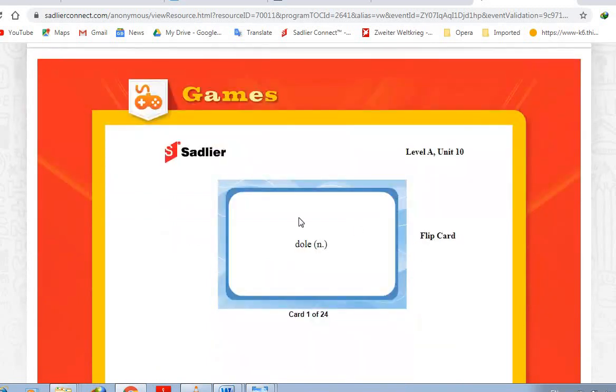This is the flashcard. This is the word duel. You can test yourself and tell what is the meaning of this word. After you decide, you press the card itself like this.